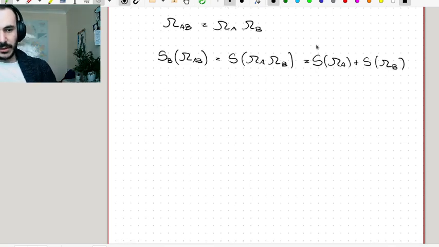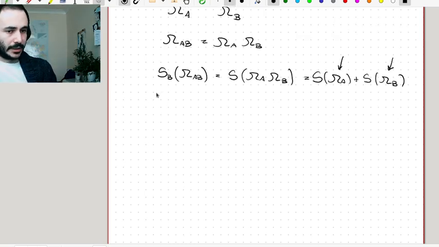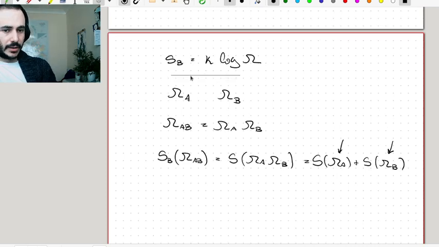And this has to hold for any value of omega A and omega B. Okay, so this is where physics stops, and let's start thinking mathematically. We want to find what family of functions is going to obey this, and we're going to conclude that this is the only possible function, plus some constant shift.